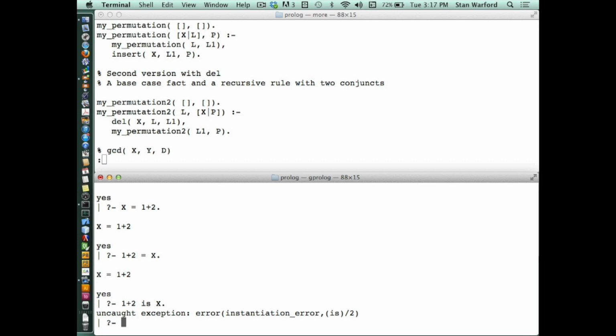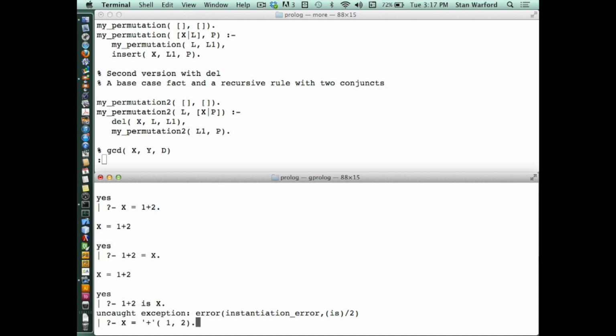Okay? And how about this? Just to show you, X match, now watch this, quote plus quote functor is the functor 1, 2. Now, what do you suppose is going to happen here? You see, the functor's name is quote plus quote.